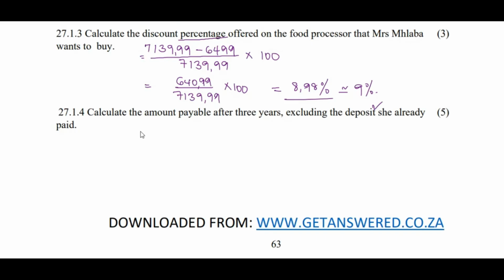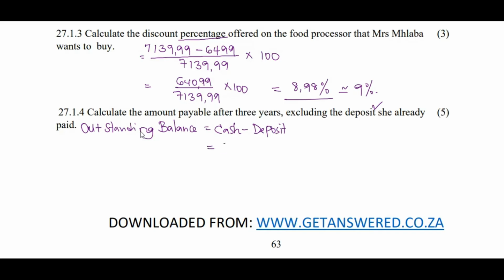So if we exclude the deposit, you look for what we call the outstanding amount, which is the balance. The outstanding balance will become the cash money minus the deposit.